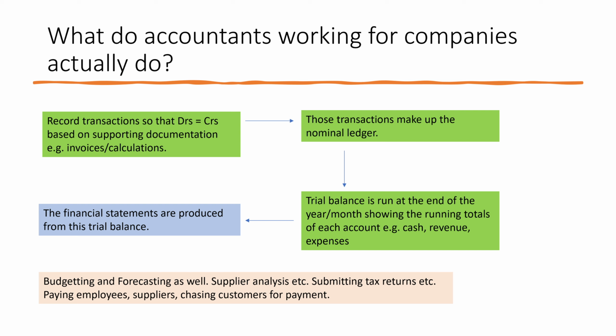Sometimes you can outsource these functions to accountancy firms. They have to pay employees and suppliers, and in small companies especially, they're the ones who are responsible for chasing customers for payment. Sometimes bigger firms have credit control departments, and the credit control departments chase the customers for payment.